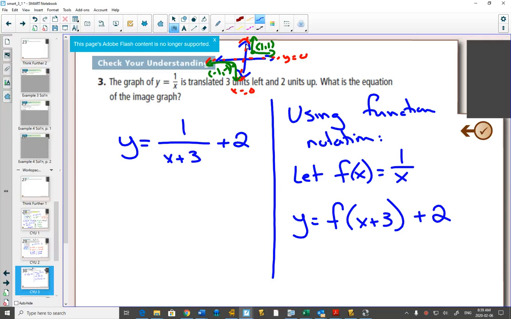Function notation says whatever function you have, if I put a plus 3 inside, that moves it 3 to the left, plus 2 outside, that moves it 2 up. And then after you have it in function notation, you could switch it back to regular notation.